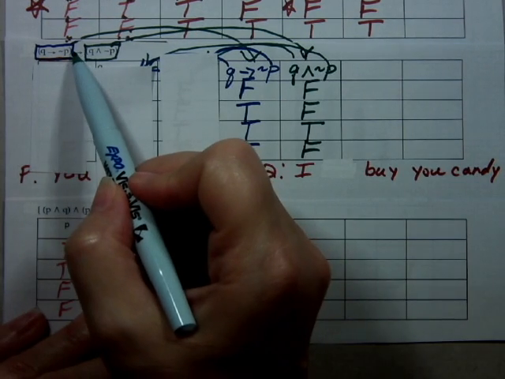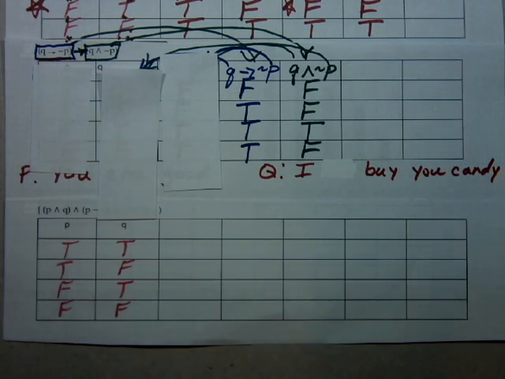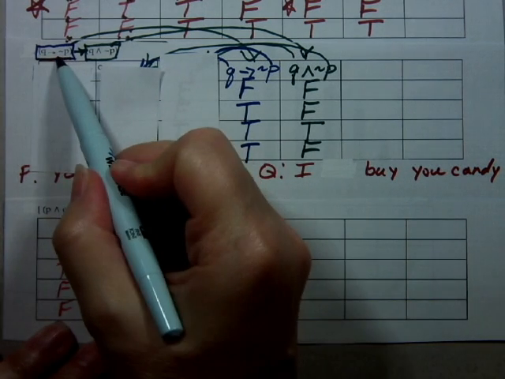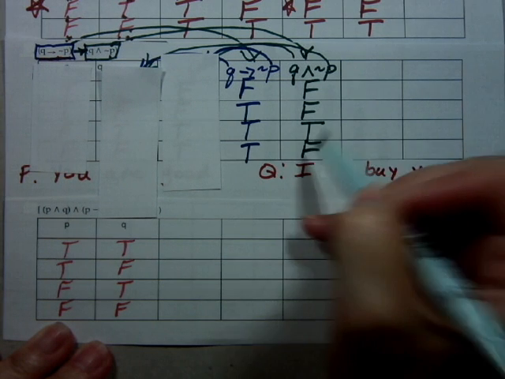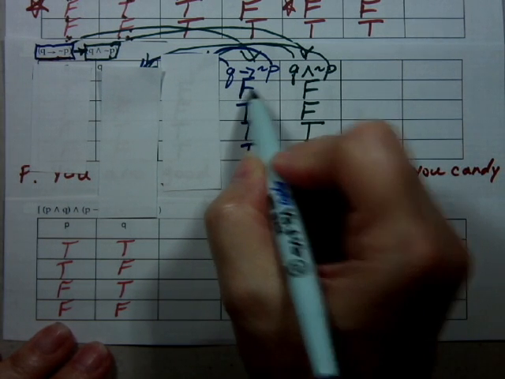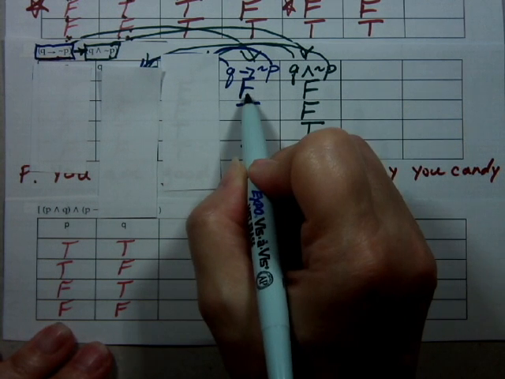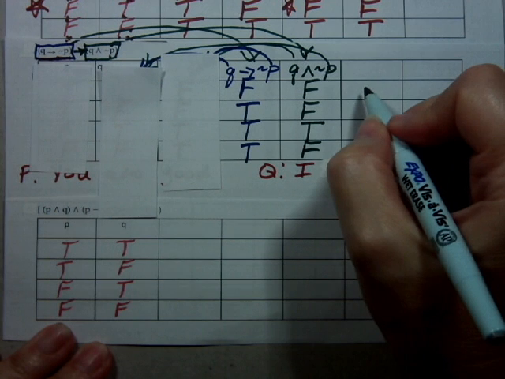Notice that implies says, if this, then that. So let's look. If this, then that. If you didn't do this, it doesn't matter if I do that or not, so that would be true.